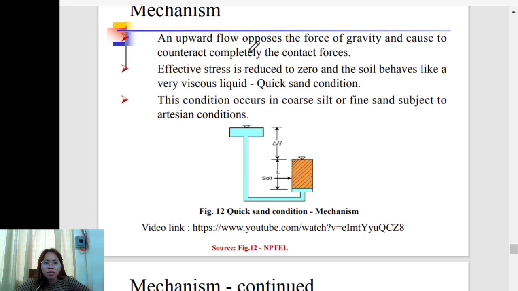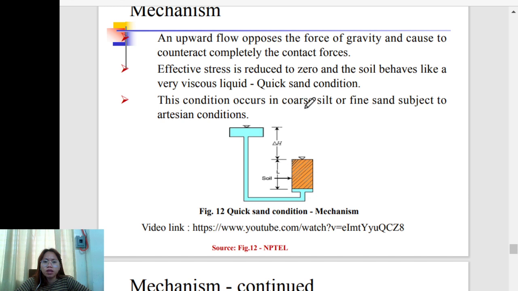Mechanism: an upward flow opposes the force of gravity and counteracts completely the contact forces. Effective stress is reduced to zero and the soil behaves like a very viscous liquid, the quicksand condition.